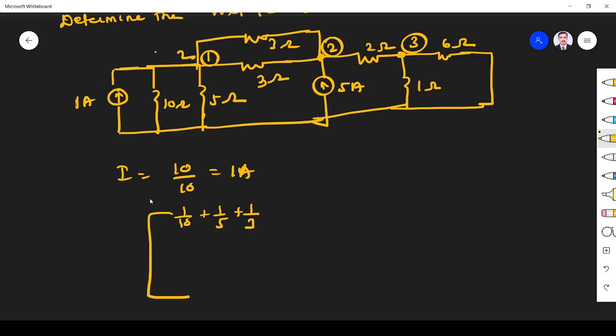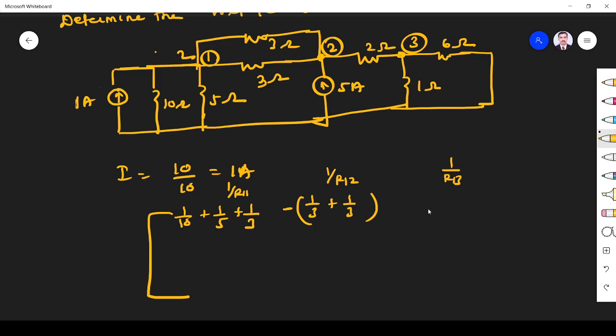Fine. Next, what are the resistors common to 1 and 2? 3 ohm. So minus 1 by 3, opposite symbol. This is 1 by R11, 1 by R12, 1 by R13. For 1 by R13, what are resistors common to 1 and 3?